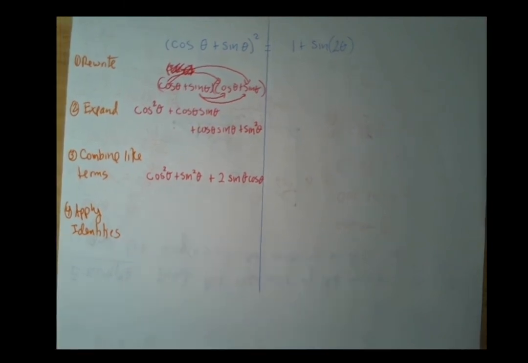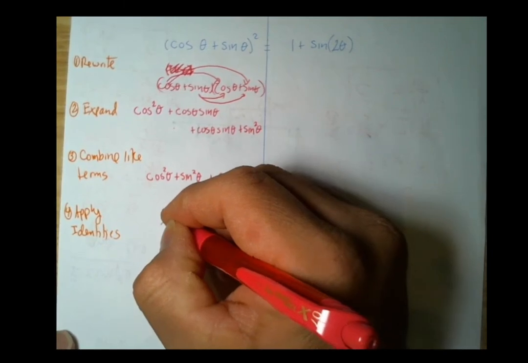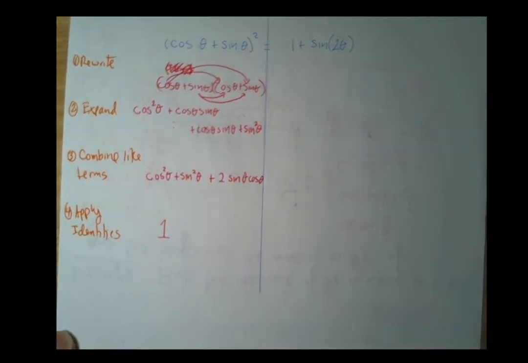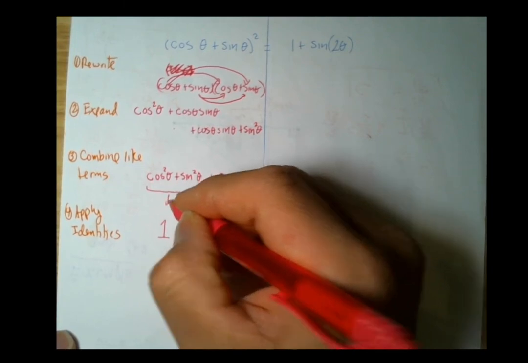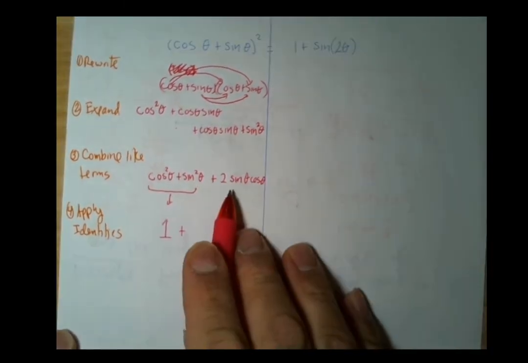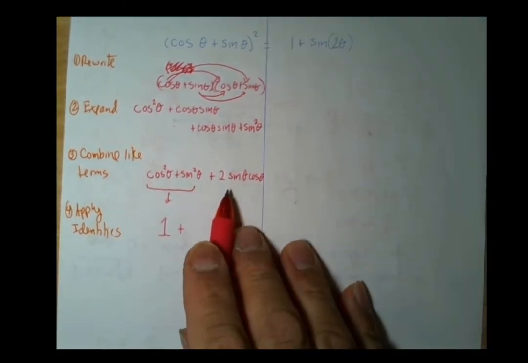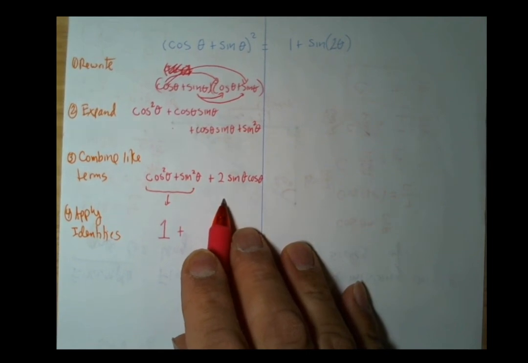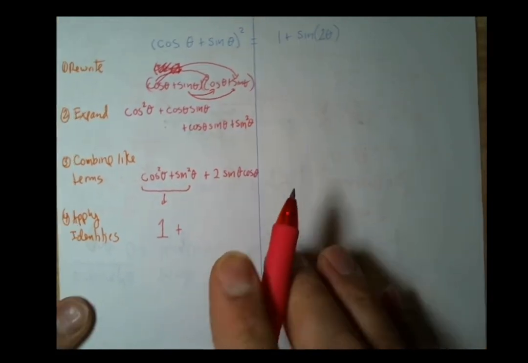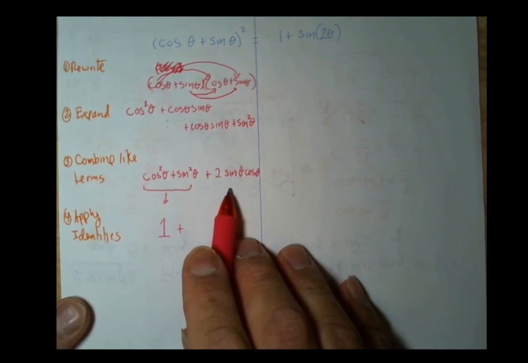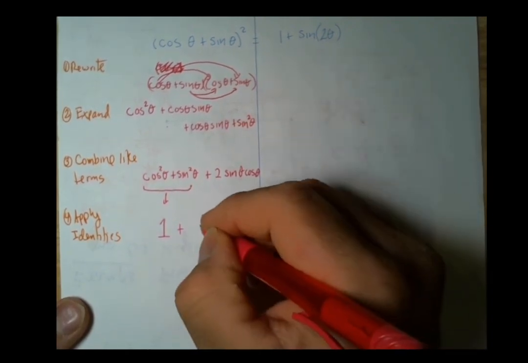So cosine squared theta plus sine squared theta, I can replace that, that is equivalent to 1. So this here becomes 1. And then looking at this, right away I see that and I'm like, oh, that is actually sine of 2 theta. For myself, I've done this so long that I just see these in my sleep sometimes.